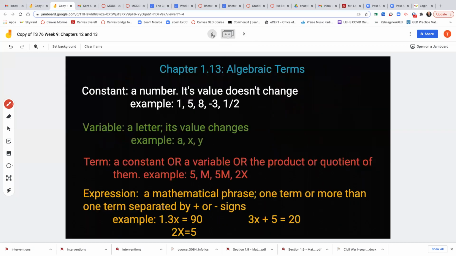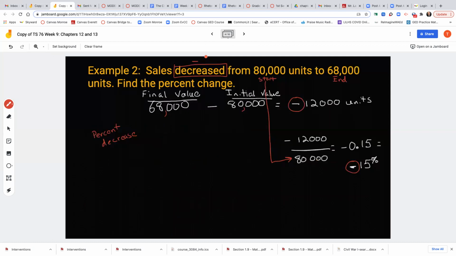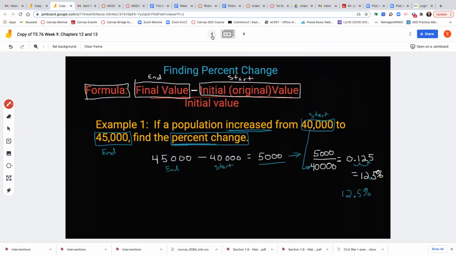Actually, I think that's about it. That's it for chapter 12. It's really all about finding percent increase and percent decrease. And again, I want to remind you, as if I was ending, this is my key formula here for finding percent of increase or decrease. I use that formula and I'll get it right every time, as long as I subtract the right things.